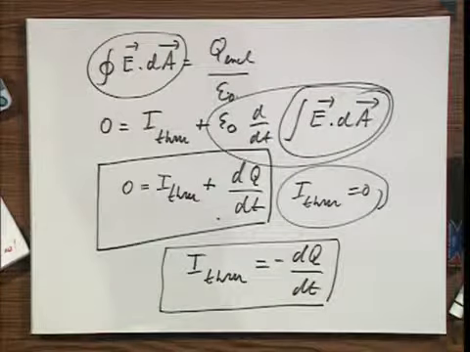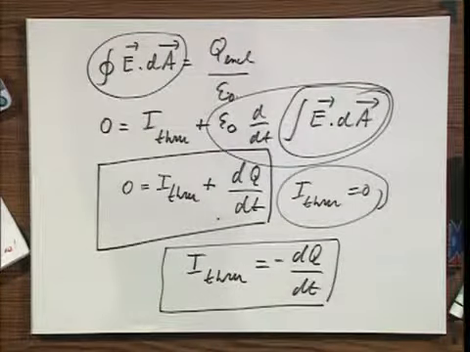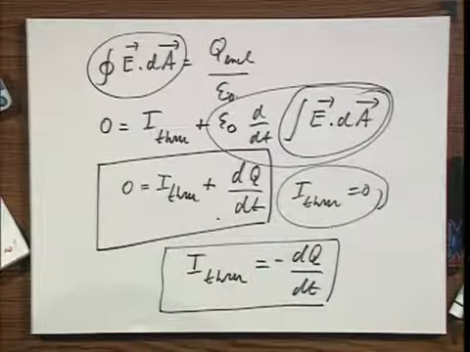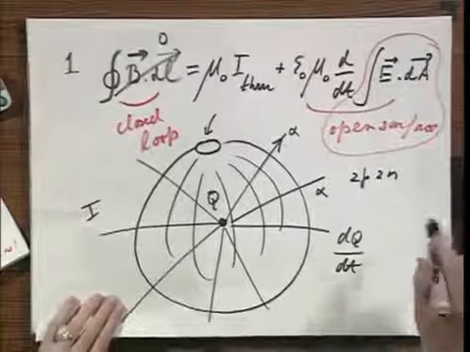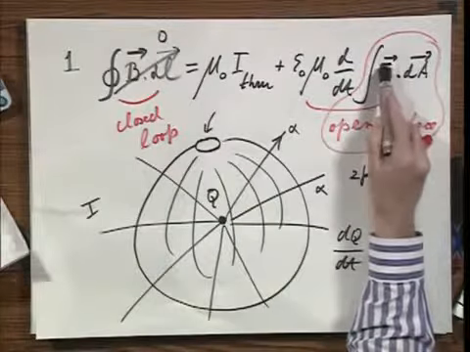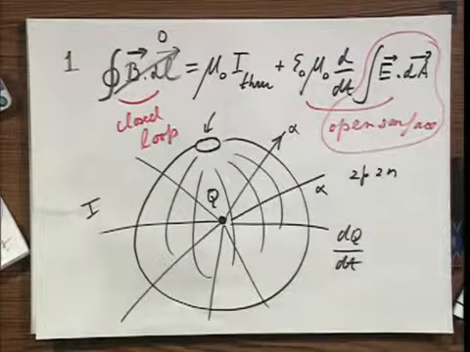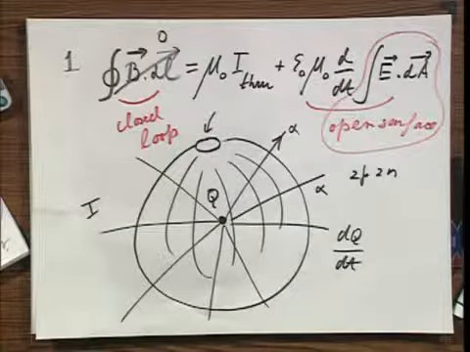This we could have written down without thinking. We could only have found it from Maxwell's equations if, however, we had incorporated the displacement current. And that's why I really like this problem quite a bit. It's really a marvel in my opinion.